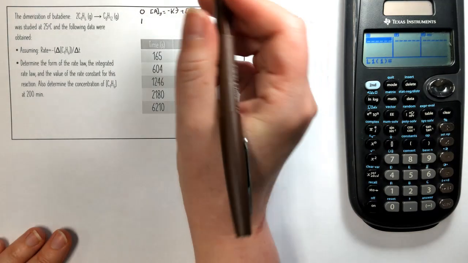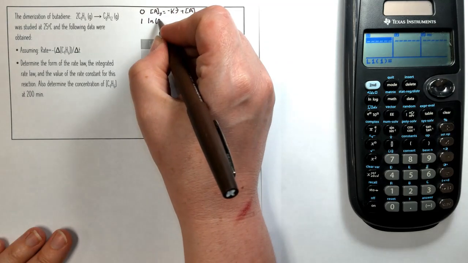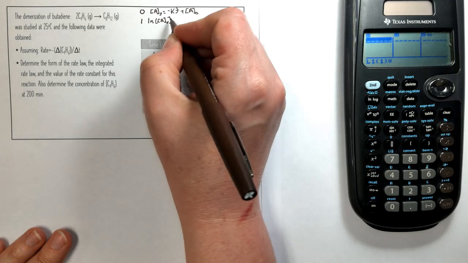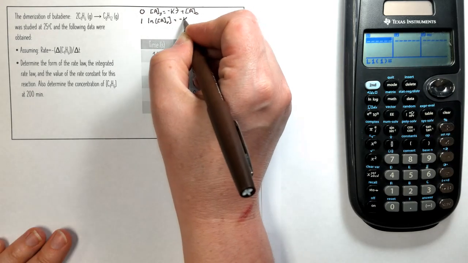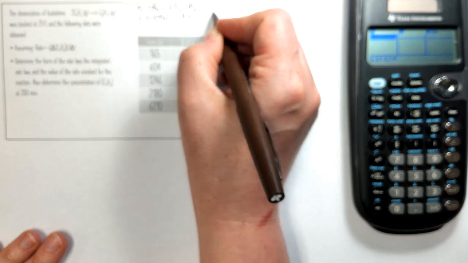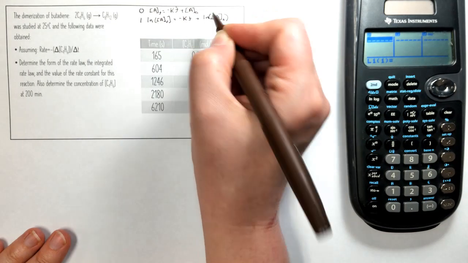Our first order integrated rate law says that the ln of the concentration of A at time t is equal to the negative kt plus the natural log of the concentration of A at time 0.